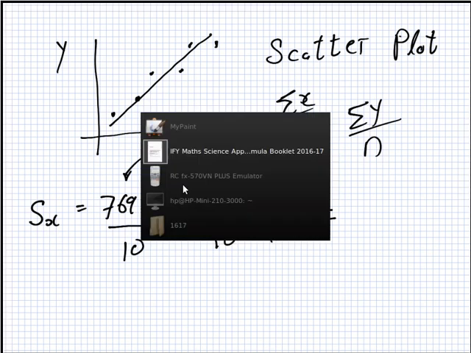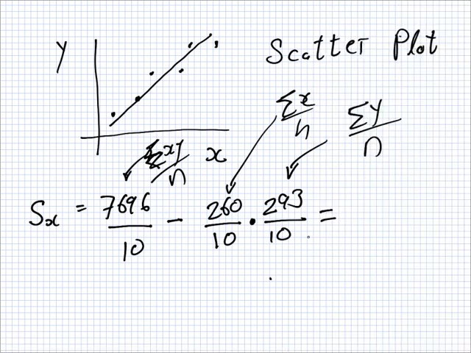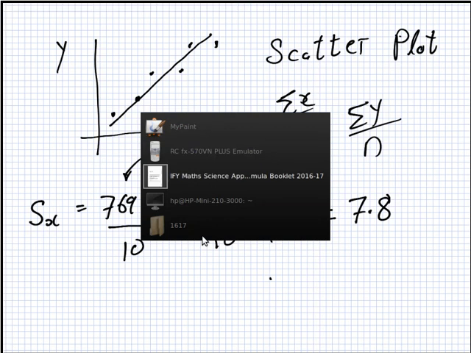Right, so let's bash this into the calculator. 769.6 minus 26 times 29.3, and I get 7.8. Actually, what did I work out there? That wasn't Sx, I don't think.